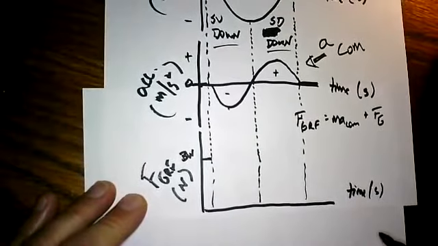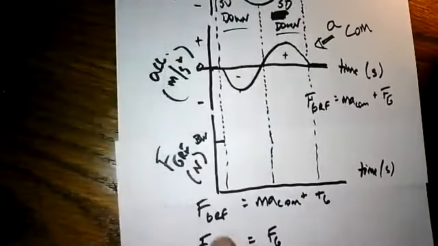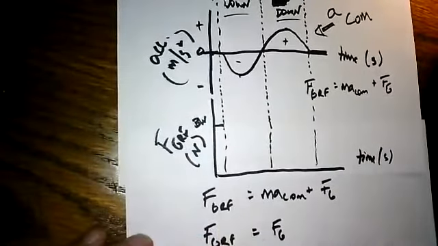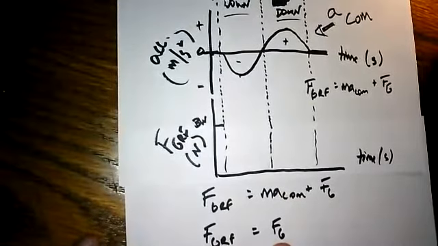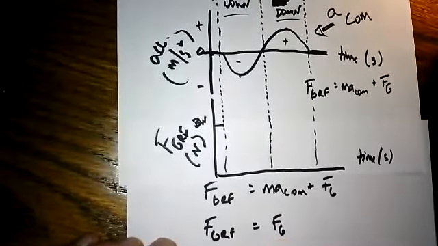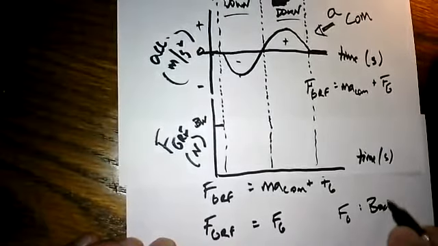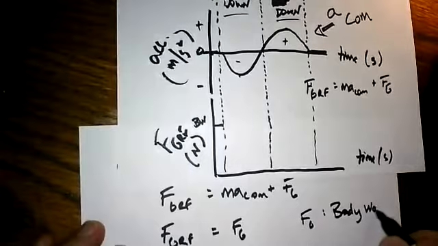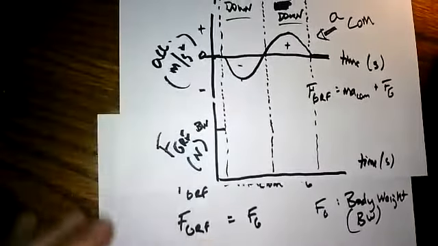All right, now let's look ahead and see where else will the ground reaction force be equal to body weight. Well, that will be anywhere where the acceleration is 0, because this equation always tells us when acceleration is 0, the ground reaction force will be equal to the force due to gravity, which is body weight. F_g is body weight, or BW. Okay, F_g is body weight.